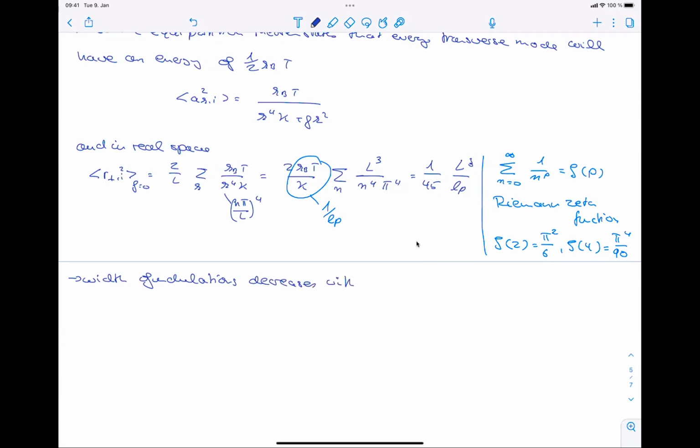Sorry, the square, obviously, right? With persistence length L_P, and increases with polymer length.